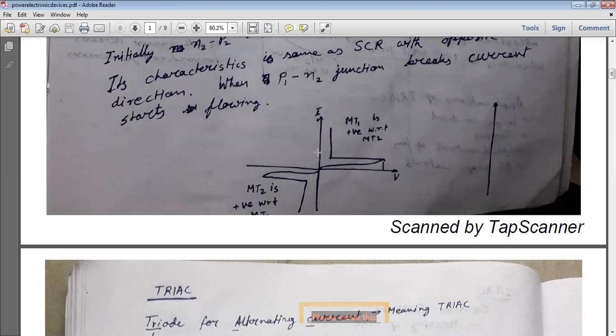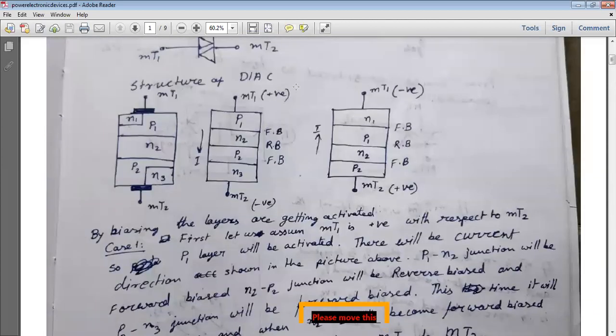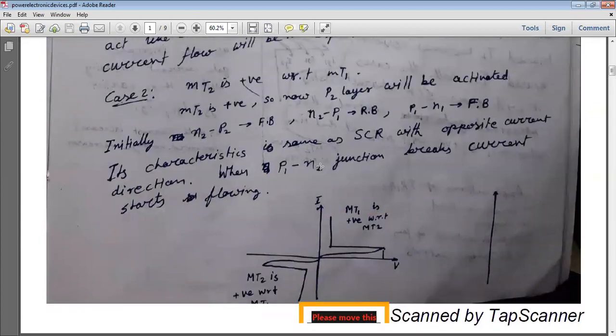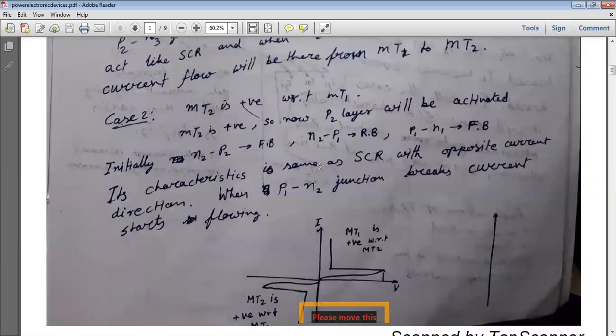So this positive portion of the curve is similar to an SCR, and the same thing will also happen in the negative portion, because a diac can conduct in both polarities. So these are the characteristic curves of the diac. It will work similarly to an SCR.